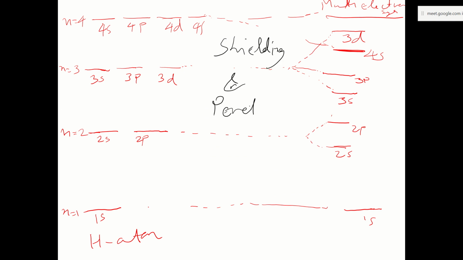These two things came into the picture, and this is changing the whole thing. Because of this, you have entire splitting of the energy levels with respect to the l values in accordance with the n value.